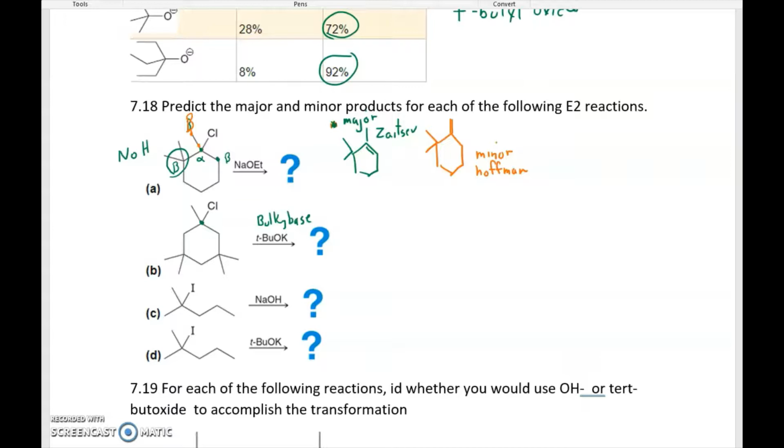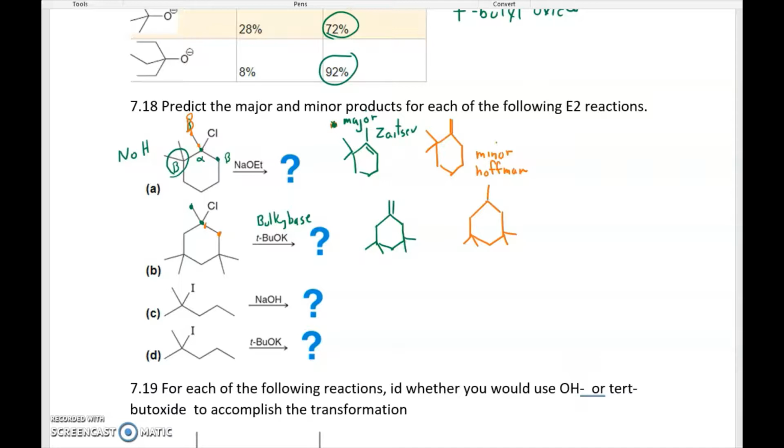We have a hydrogen here that we can take off, and we'll end up with this product. We also can take a hydrogen from here, and we'll make a double bond between the two orange atoms, and we'll end up with this product.